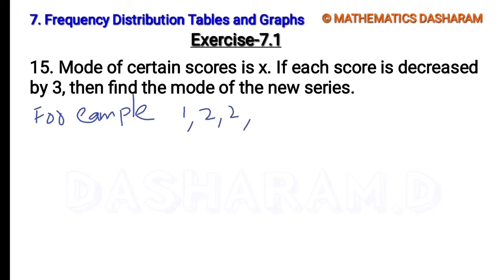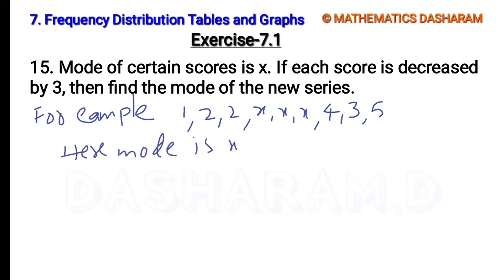As per the question the mode is x, so x should be repeated more number of times: x, x, x, 4, 3, 5. So this is one data. It is very clear x is repeated more frequently, so the mode answer is x. Now what is asked: if each score is decreased by 3.